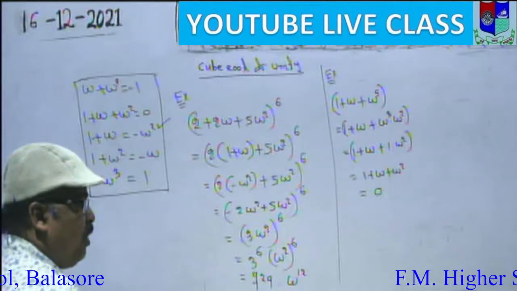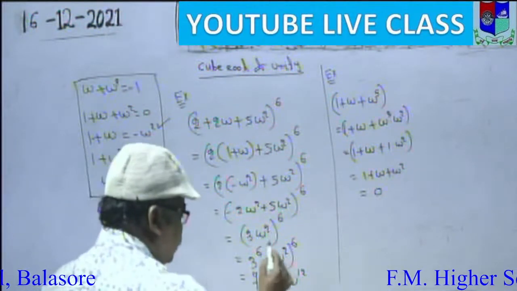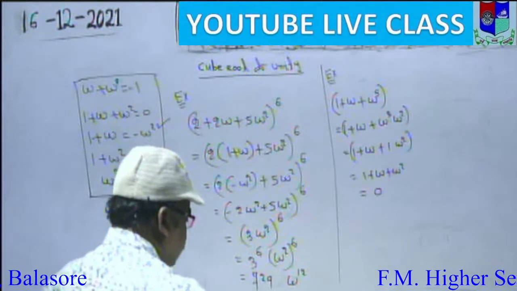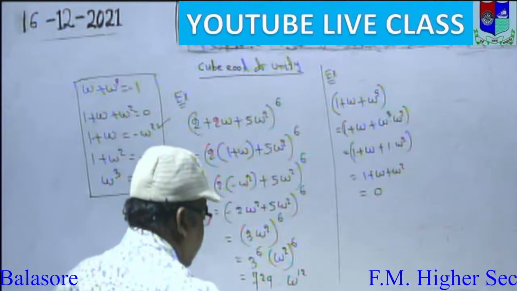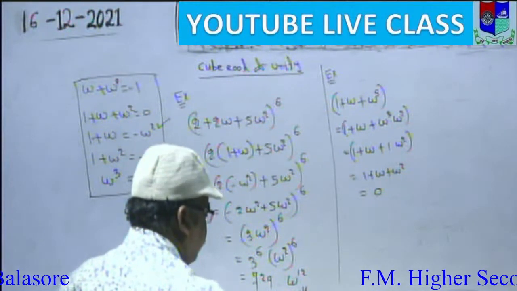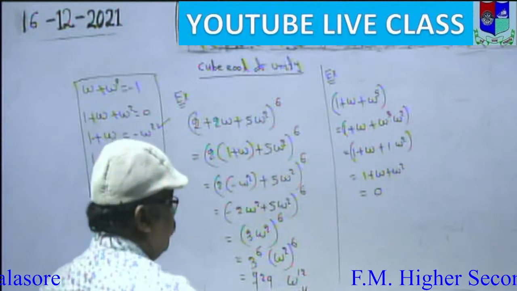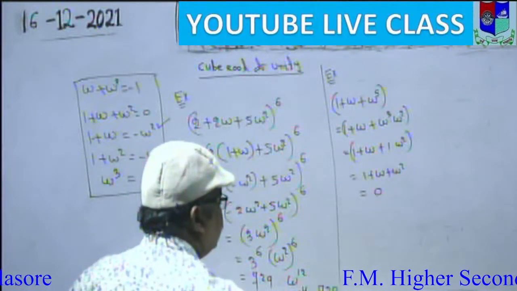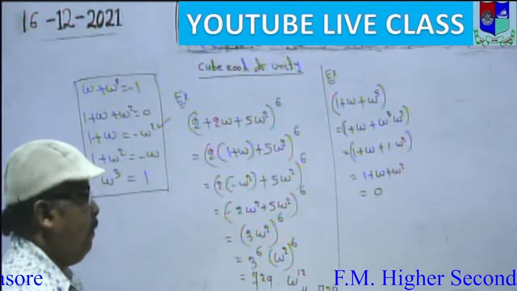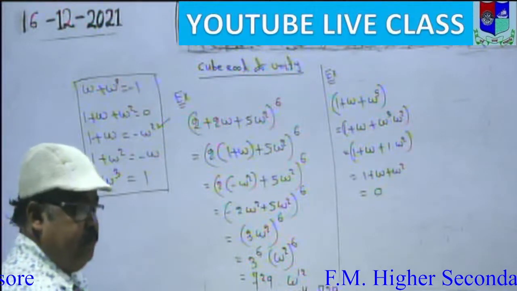We know omega cube equal to 1. So this can be written as 729 times omega cube all to the power 4, which means 1 to the power 4. So the answer is 729.